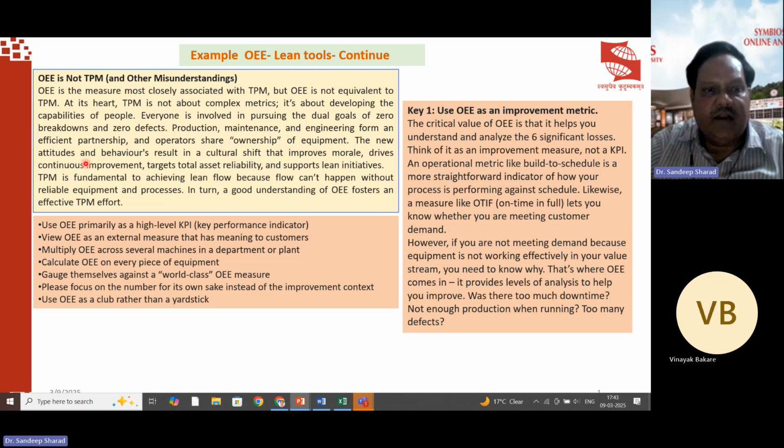The new attitude and behavior result in a culture shift that improves morale, drives continuous improvement, targets total asset reliability, and supports lean initiatives. TPM is fundamental to achieve the lean flow, because the flow cannot happen without reliable equipment in the process. In turn, a good understanding of OE fosters effective TPM efforts.